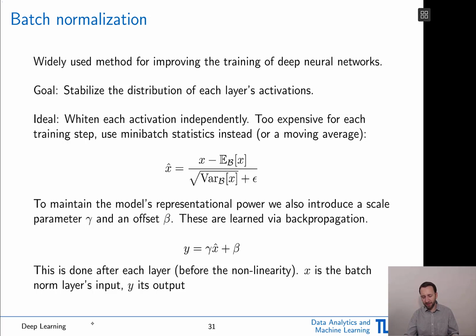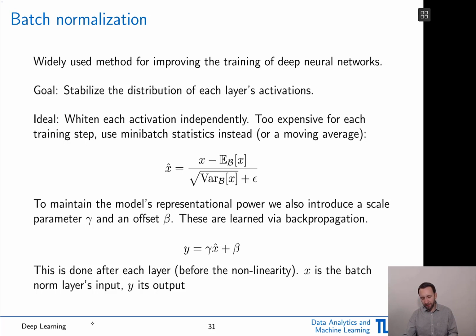So what is batch normalization? Batch normalization is designed to stabilize, again, the distribution of the activations, or simply speaking, to allow better training, to make the training more stable, to achieve that even a deep network can be trained. Okay, and what is the ideal vision we want to achieve?